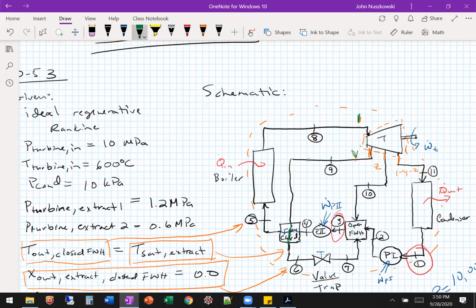The fraction y comes off at 9, z comes off at 10, and the remainder, which is 1 minus y minus z, is there. So maybe 10% goes at y, 10% at z, so then we would be left with 80% at 11, or 80% of that mass flow rate 5 at 11, right?